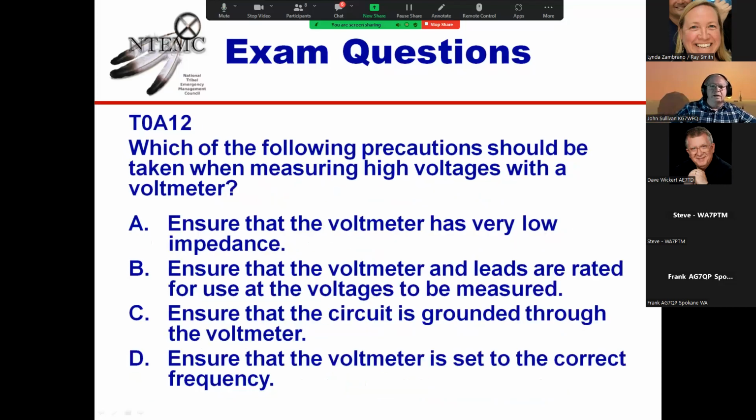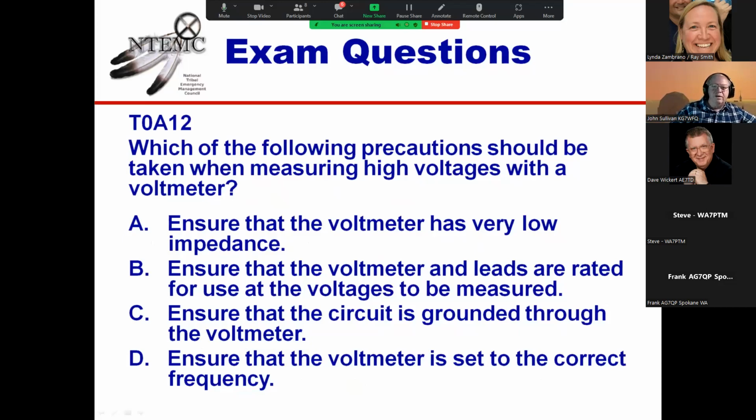Okay. Which of the following precautions should be taken when measuring high voltages with a voltmeter? Ensure that the voltmeter has a very low impedance. Ensure that the voltmeter and leads are rated for use at the voltages to be measured. If you're going to use a voltmeter that's only rated for 10 volts and you're going to put it on a 1,000-volt circuit, that's obviously going to burn up your meter.